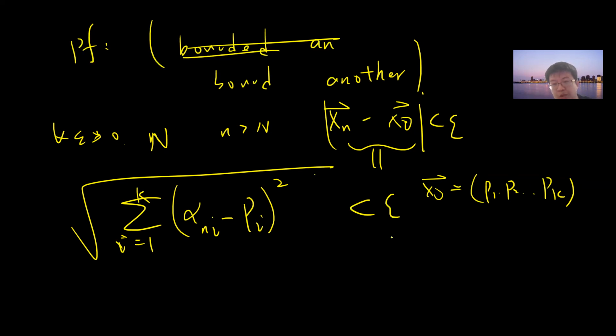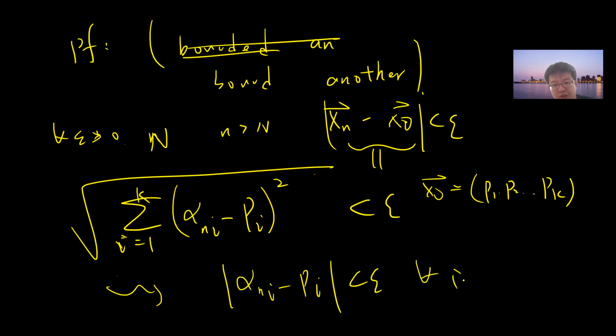Since all these are squares, you can quickly get that alpha_ni minus p_i is less than epsilon for each i.